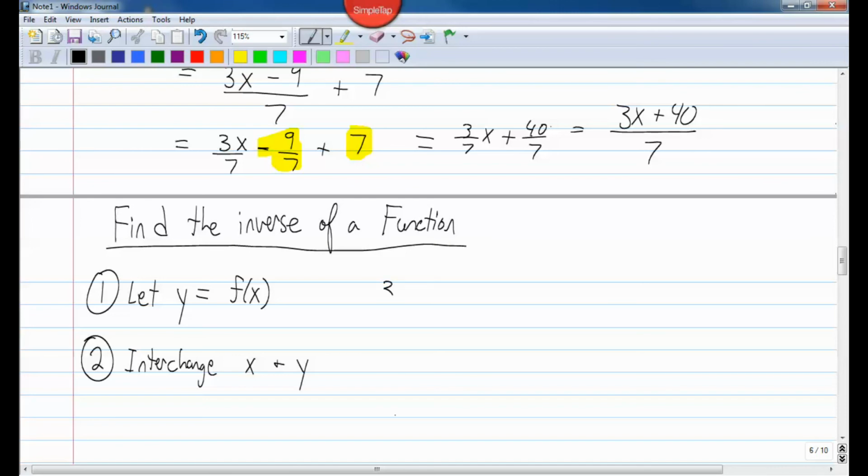Step 3 is the step that usually takes the longest. You need to solve for y.